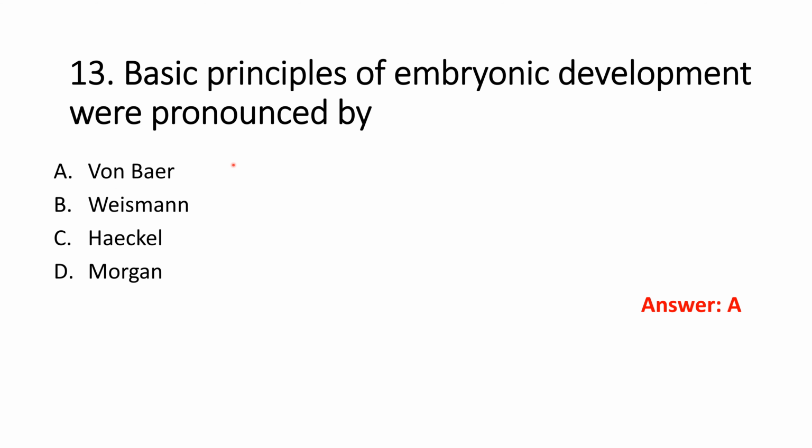Carl Ernst von Baer is the person who first described these basic principles of embryonic development, and he was a 19th century biologist. He made significant contributions in embryology. He formulated a set of fundamental principles in embryonic development, and those principles we call von Baer's laws. Okay. And then next question.